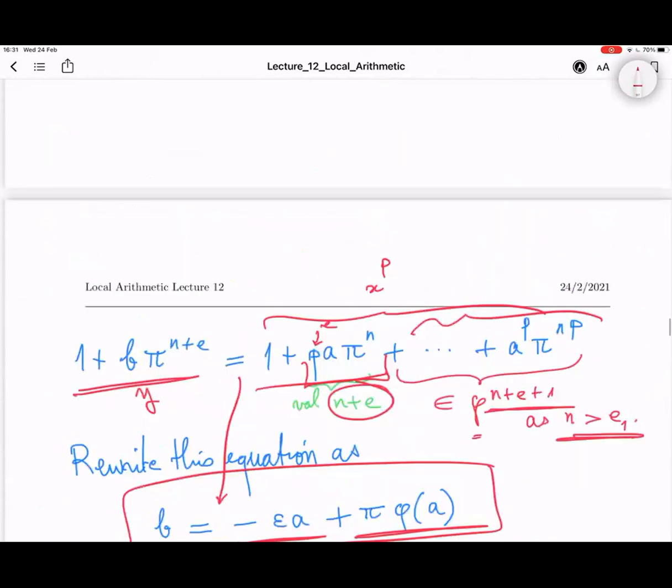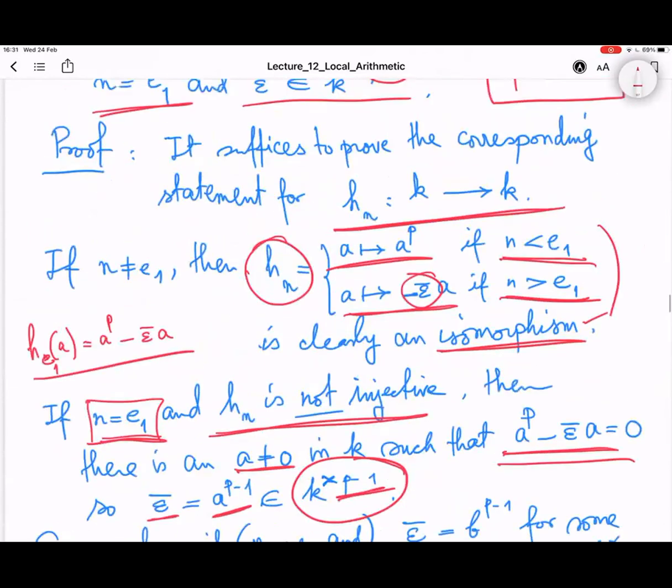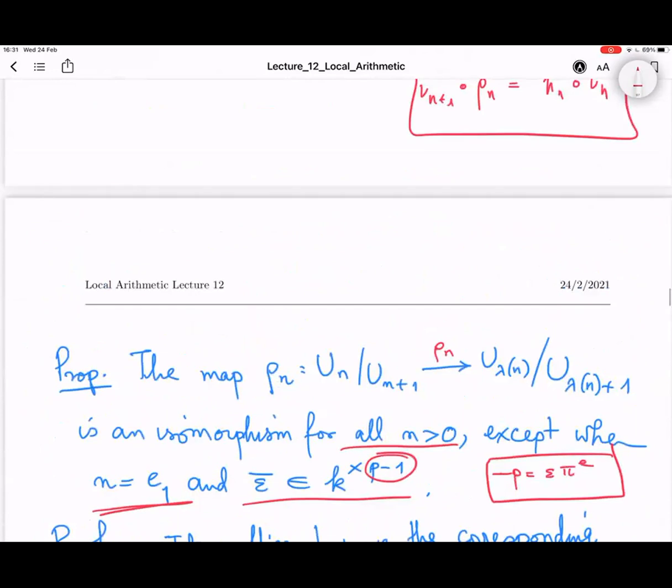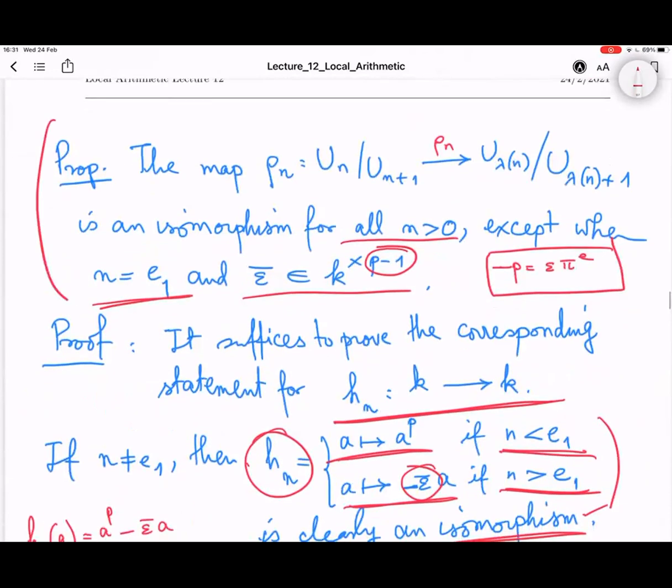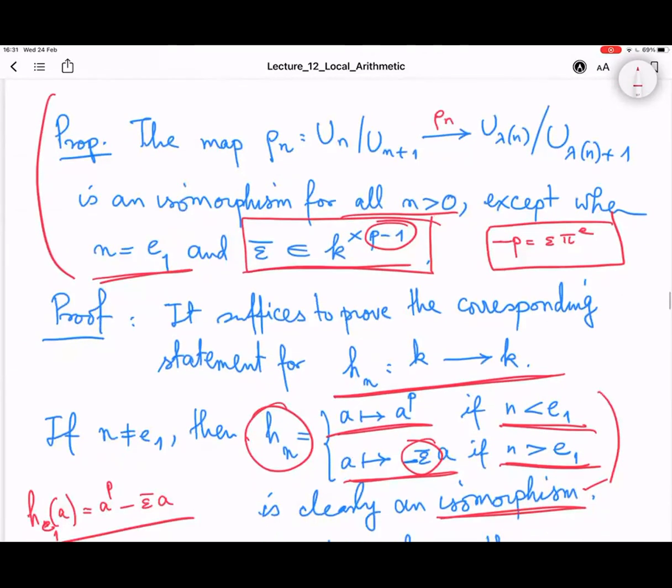Yeah, here it is, right? So this condition about epsilon bar is what is showing up here.